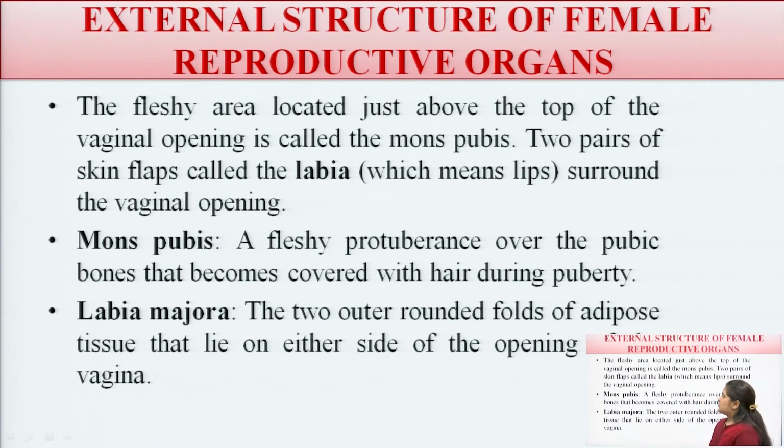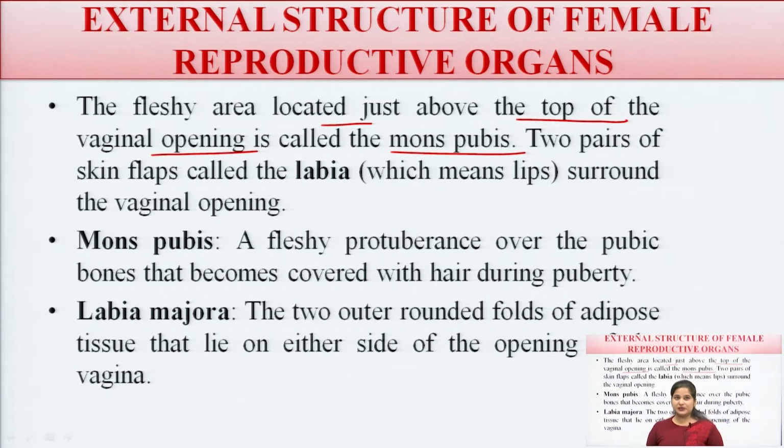Now, the fleshy area located just above the top of the vaginal opening is called the mons pubis, and there are two pairs of skin flaps called the labia, which means the lips, surrounding the vaginal opening.